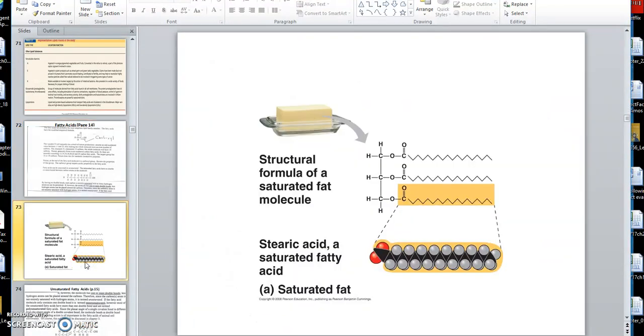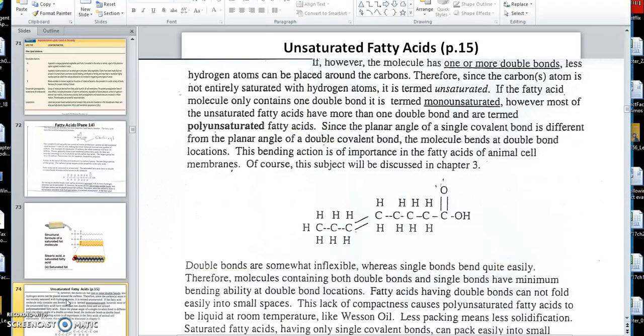As we look at it, here would be fatty acids right there. A saturated fat would have a bunch of hydrogens. So I now go to an unsaturated fatty acid and a double bond there. If it's only one, it's monounsaturated.